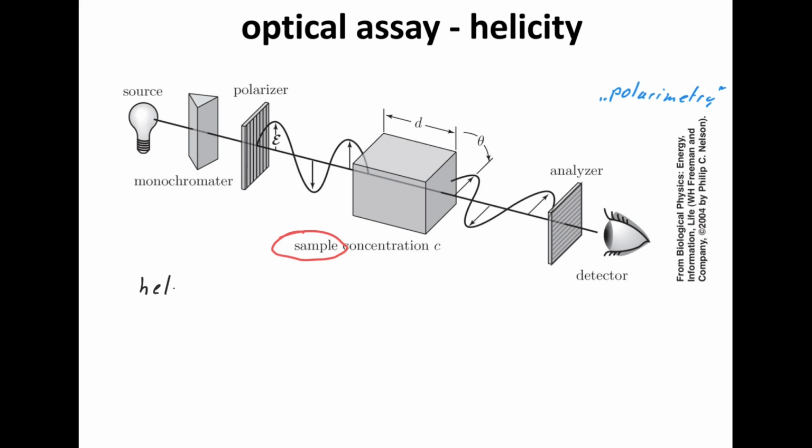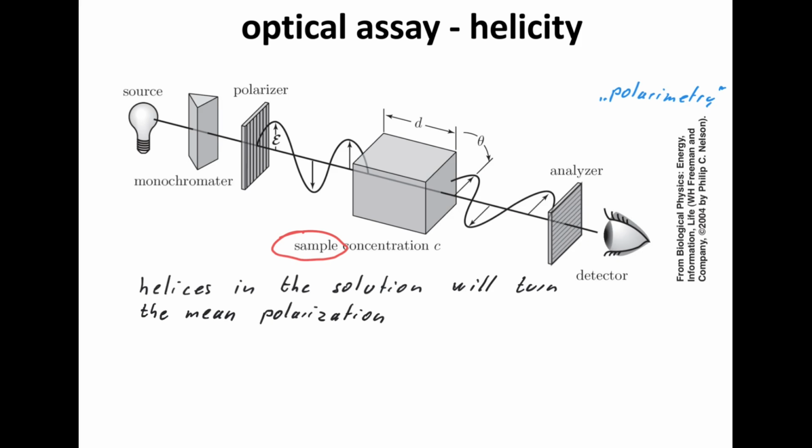Now you see a change in polarization of light when the sample contains non-symmetric objects like helices in a protein. So what you could analyze here is the mean rotation angle, mean theta.